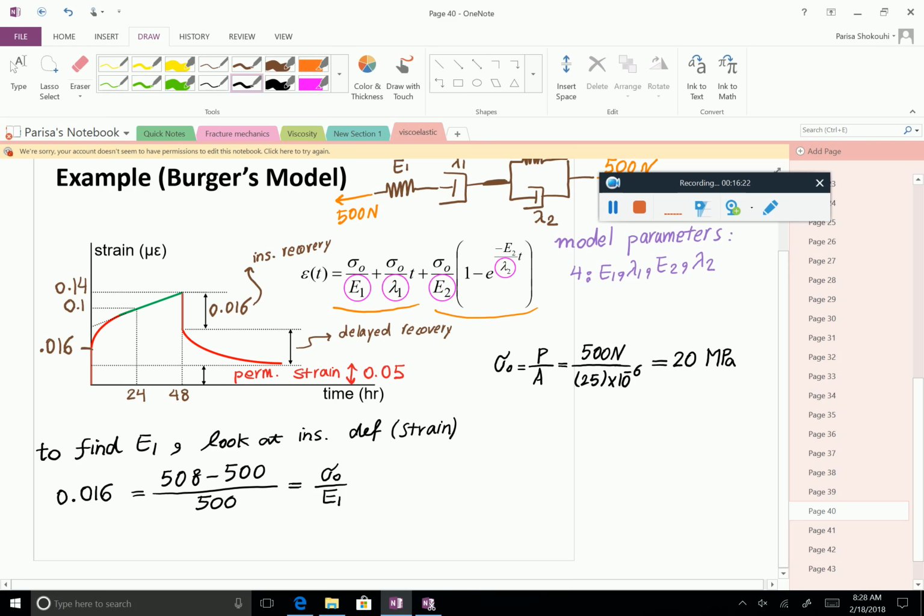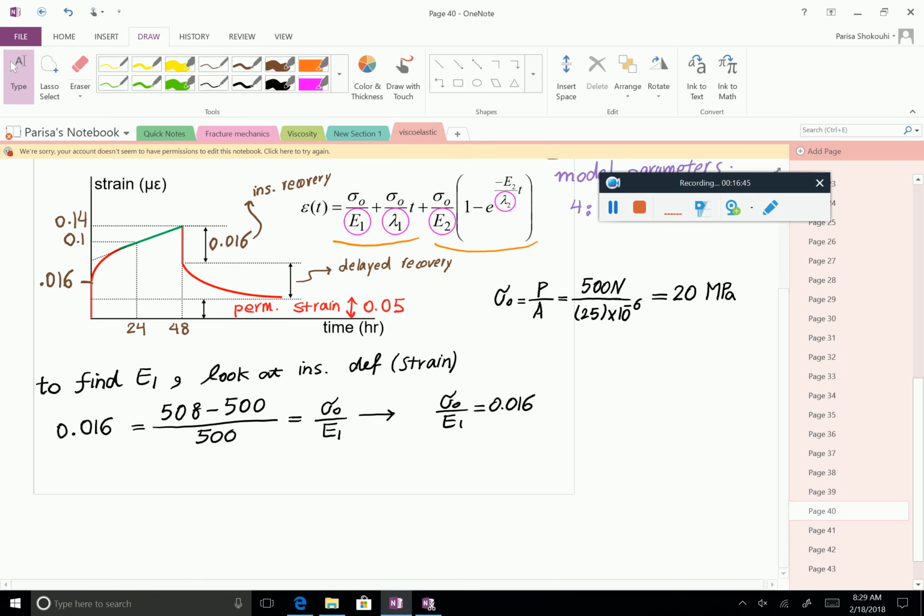So this is great. So to find E1, we can easily say, okay, sigma 0 over E1 is 0.016. I know what sigma 0 is, 20.